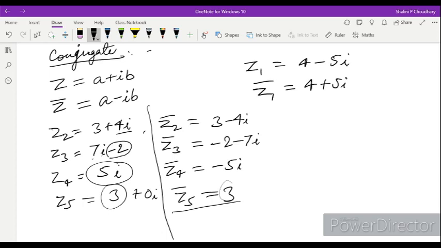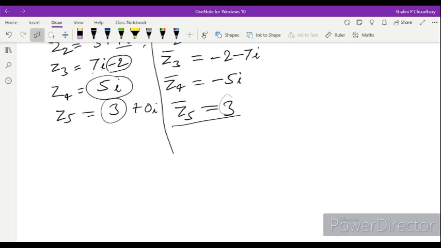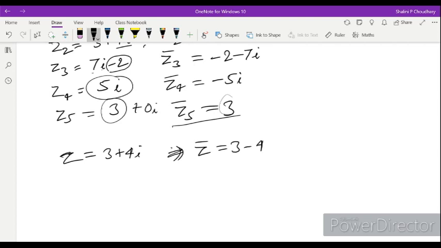Now we'll see some properties of the conjugate. What are the properties of the conjugate? See, if Z is equal to 3 plus 4i, then Z bar will be equal to 3 minus 4i.